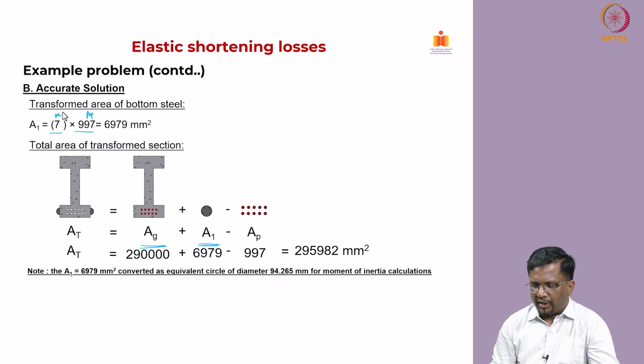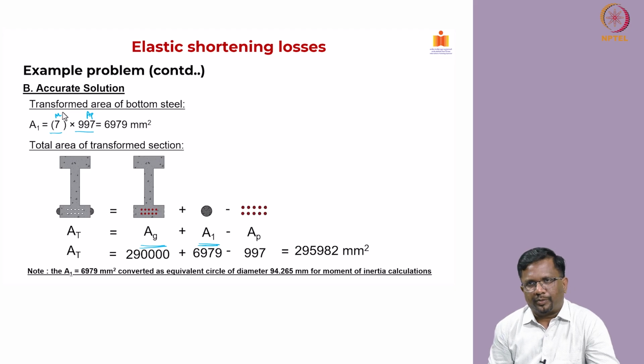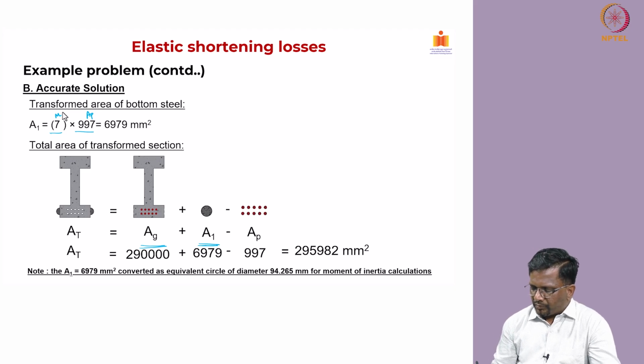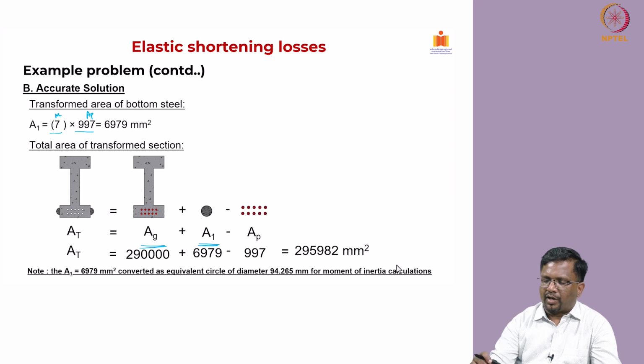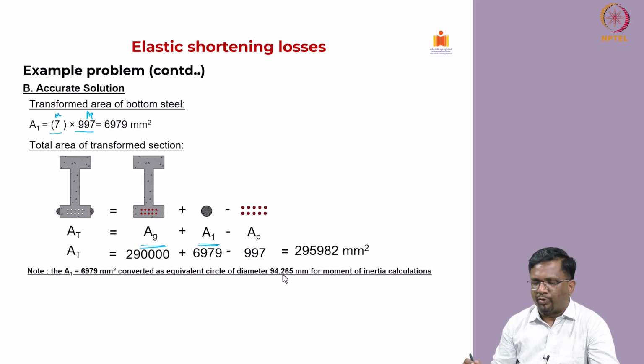That we are defining as A1, right. This is converted to an equivalent circle of 95 millimeter for the moment of inertia calculation. So, what we have done is convert the transformed area of the bottom steel into an equivalent steel of diameter 94.265 millimeter, right. Now, this is the actual gross area plus A1. In this gross area, we have already included the area of the pre-stressing steel.